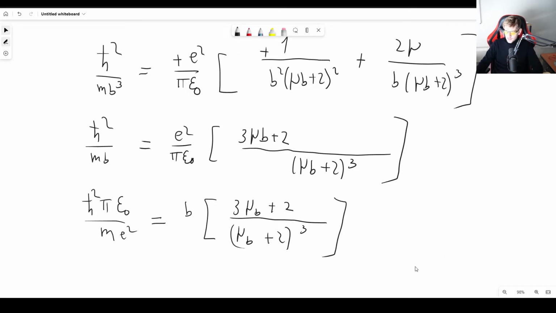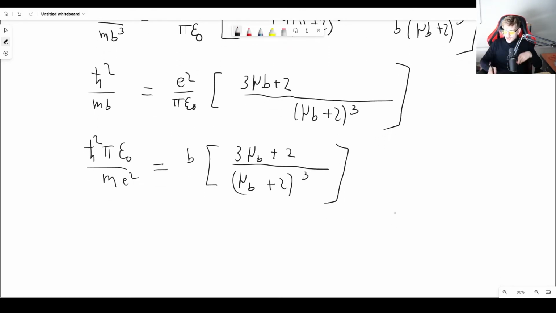Okay. So as you can see, oh, sorry, I wrote b as a subscript. So as you can see, finding b is not going to be easy. But what we could do is write out an expansion of this, right?